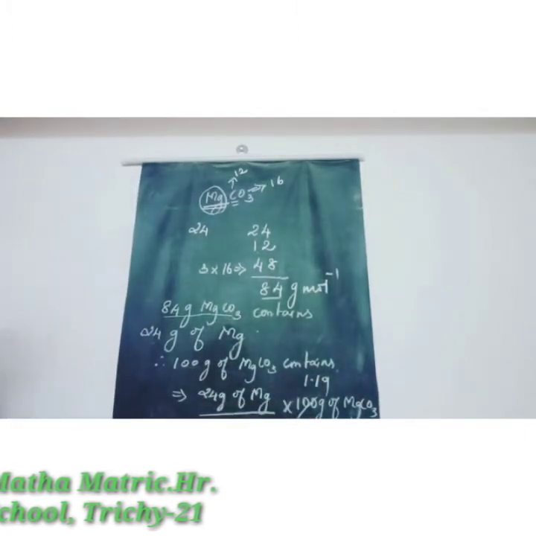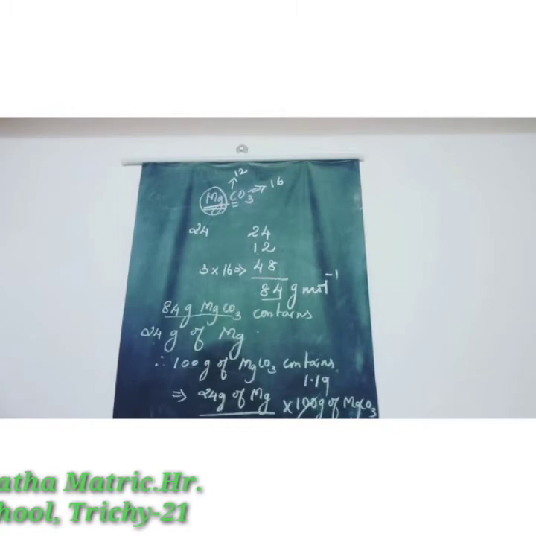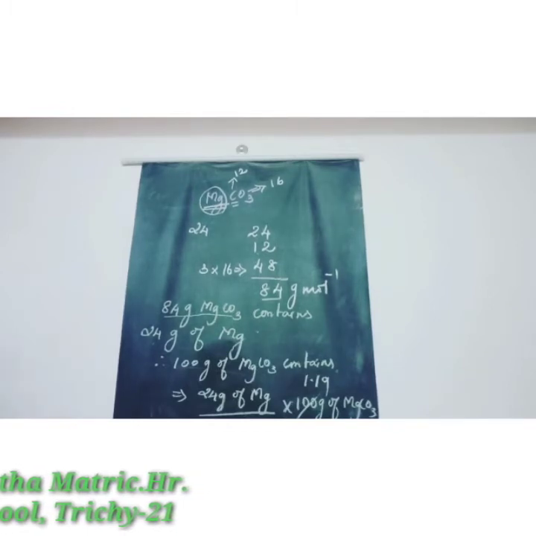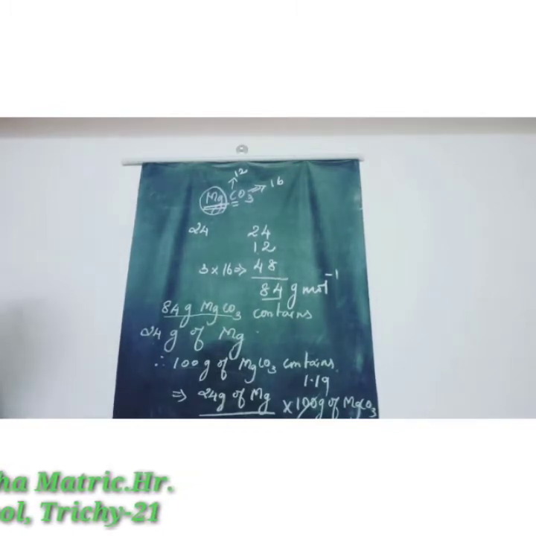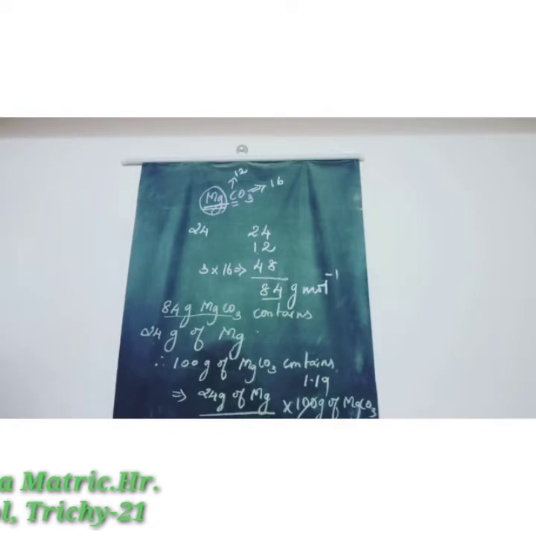Then multiply 24 into 1.19, we get 28.57 gram magnesium.